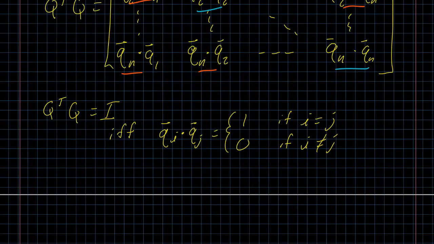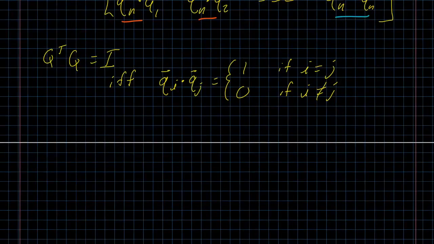But this definition, qi dot qj, is 1 if i and j are the same. Every vector dotted with itself is 1. The norm, the magnitude of every vector is 1. Take two distinct vectors and dot them together, you get 0.